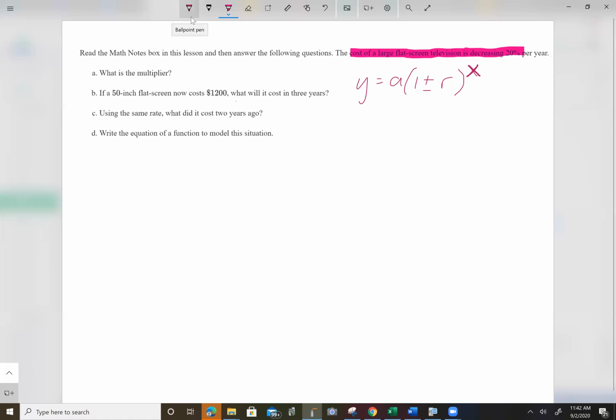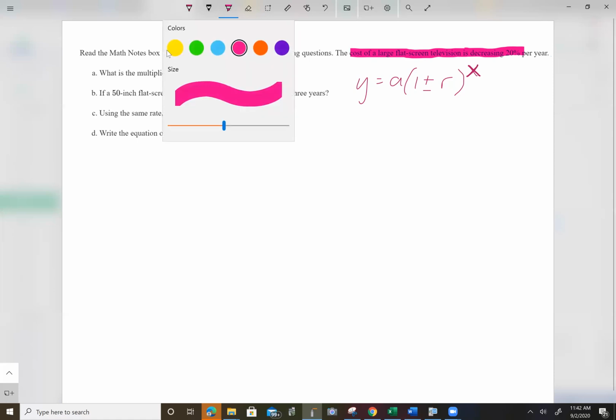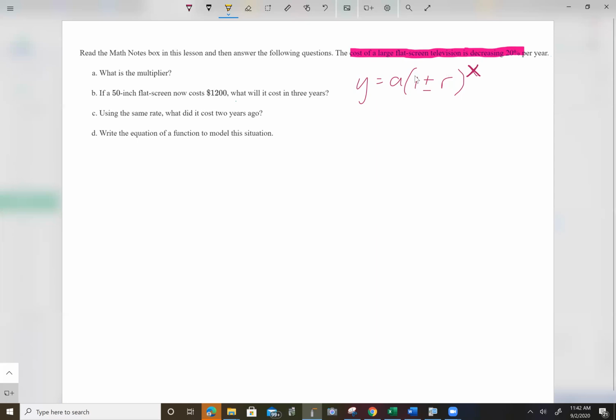So what is the multiplier? If you remember, the multiplier is going to be the number that we put in here. That's the number we're multiplying by each time. So let's put in as many numbers as we can.